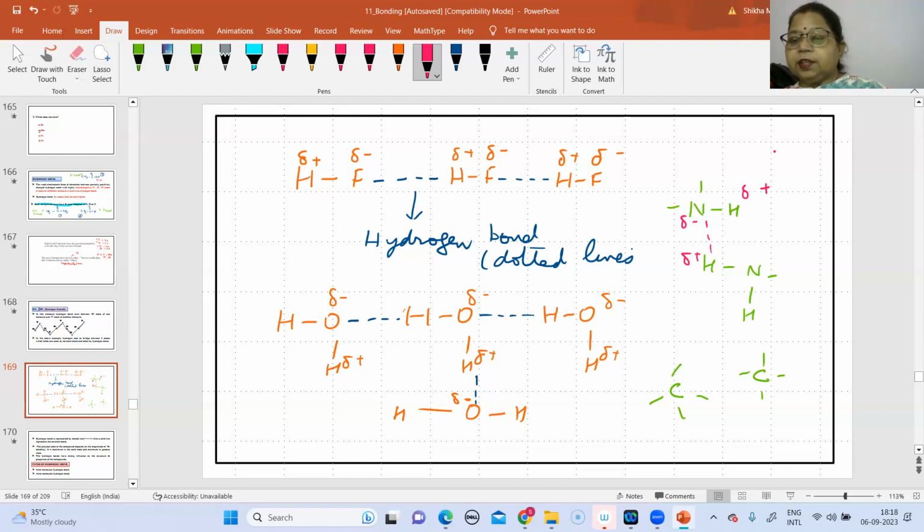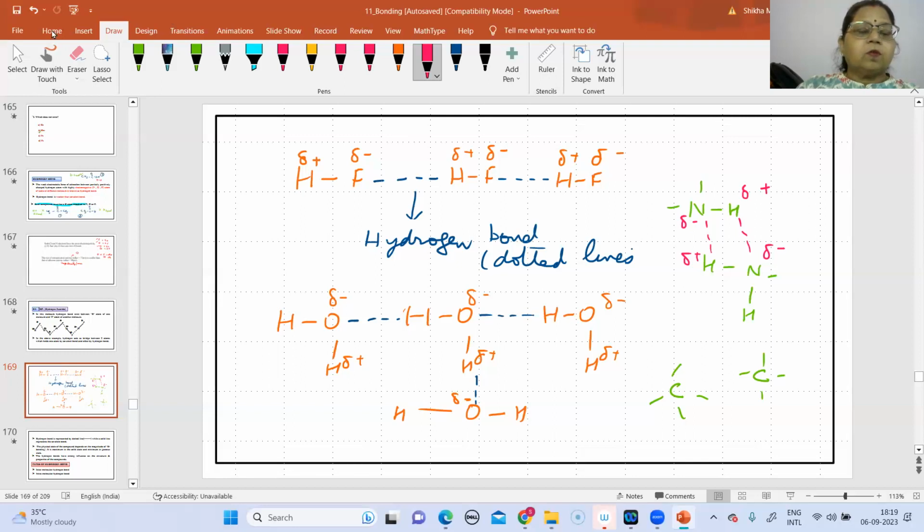Nitrogen is delta negative, hydrogen is delta positive, so they will attract to form a hydrogen bond. So we have seen 3 classical cases where hydrogen bonds are formed between the molecules in which fluorine, oxygen, or nitrogen are attached to hydrogen atoms.